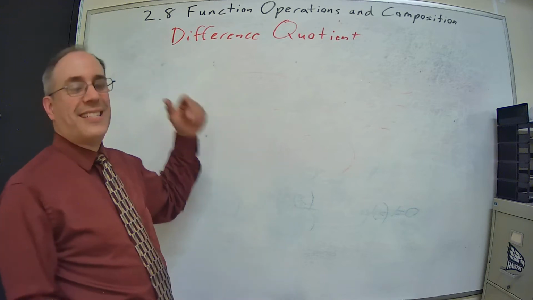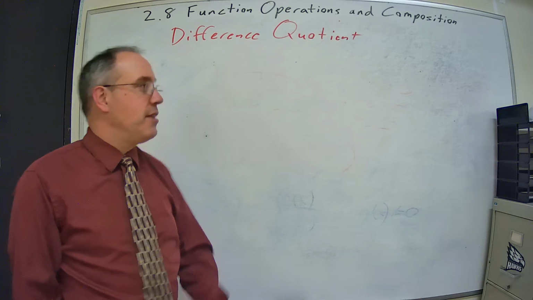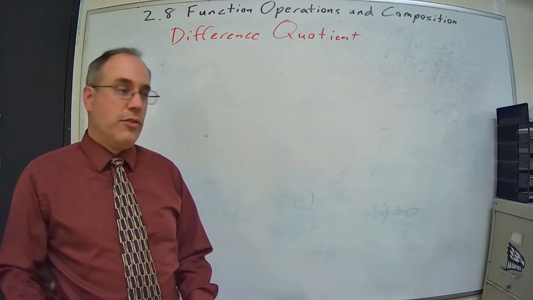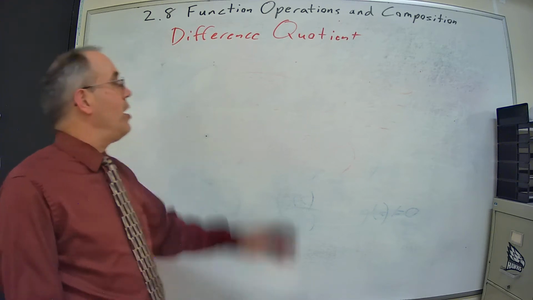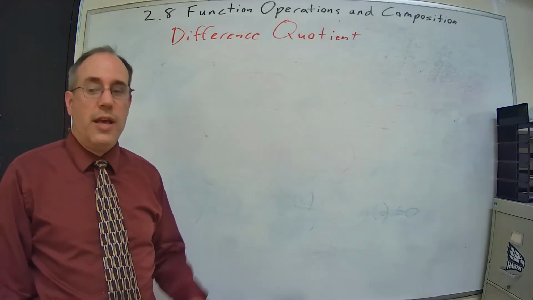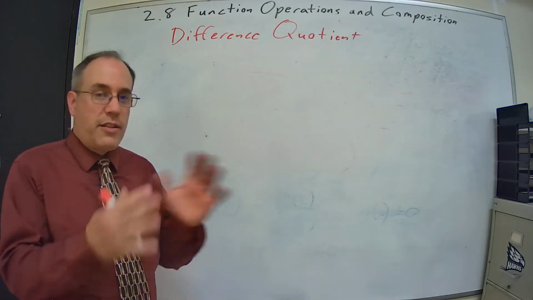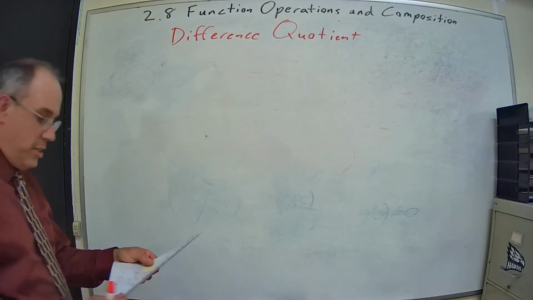And actually, it is the base of calculus. This is where it all starts, with the difference quotient. Luckily, you're not going to be going into calculus and dealing with that right now, but we will deal with the difference quotient. And the difference quotient is basically a way of combining functions.